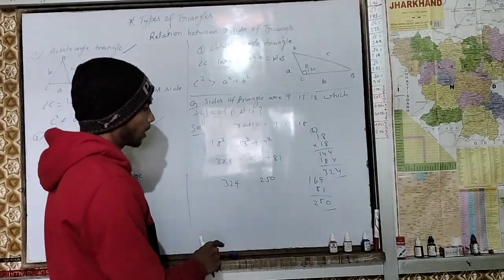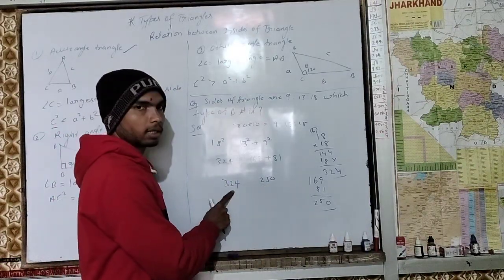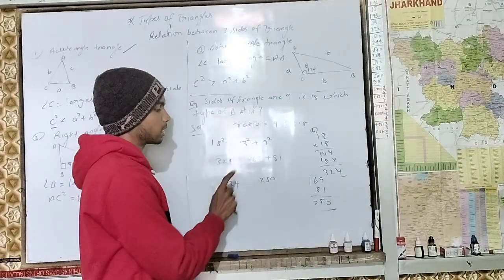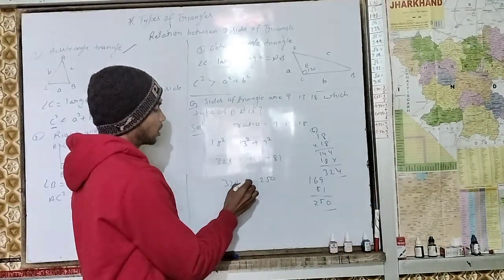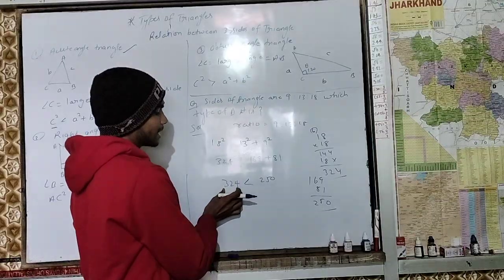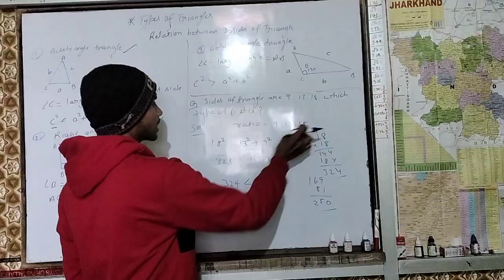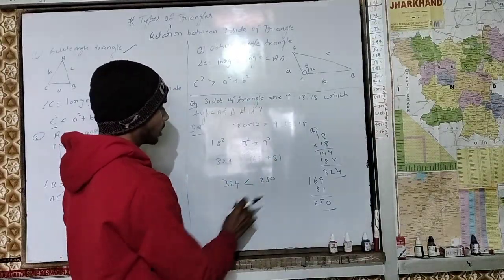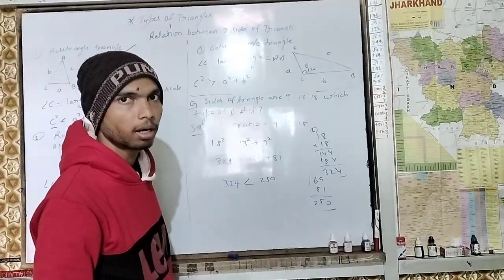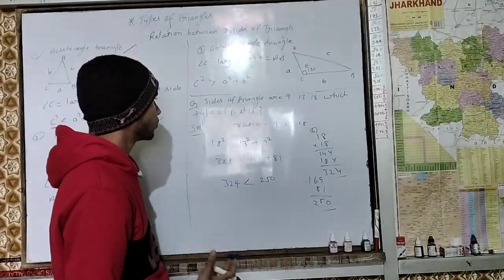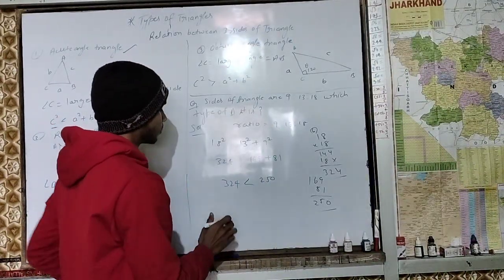Now tell me, is it greater than 324? No, this is less than 324. So finally, the big side is greater. This big side is greater than the sum of the left two sides.